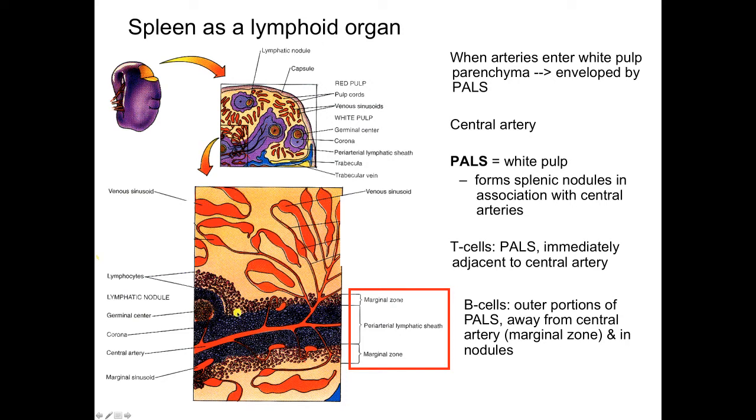So T cells in the periarterial lymphatic sheath right around the central artery, B cells further away from the central artery, and in the eccentrically placed splenic nodule. This diagram just shows at the very tip of the purple arrow would be the central artery, and this is the eccentrically placed splenic nodule, if you want.